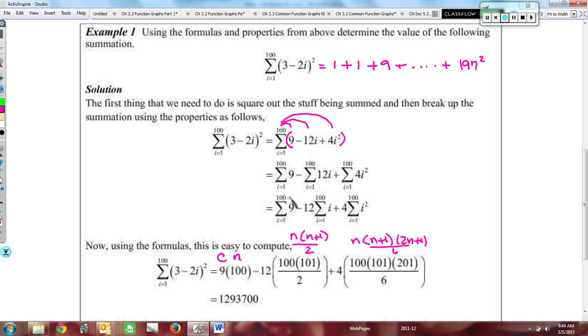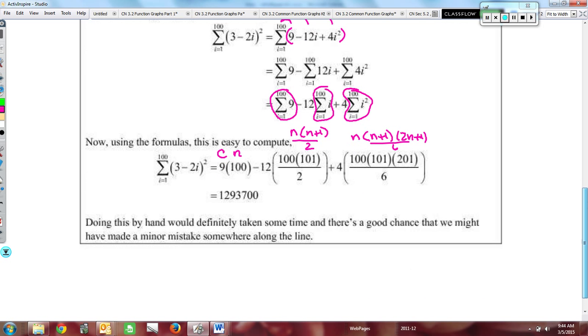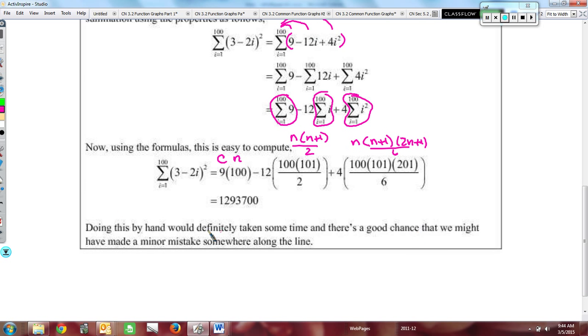And so I'm basically taking out the summations and replacing them with their shortcut closed formulas that then allow me to directly calculate it in a lot fewer steps than figuring out 100 terms and then adding them together. Okay? And so that's where we're going to use this.